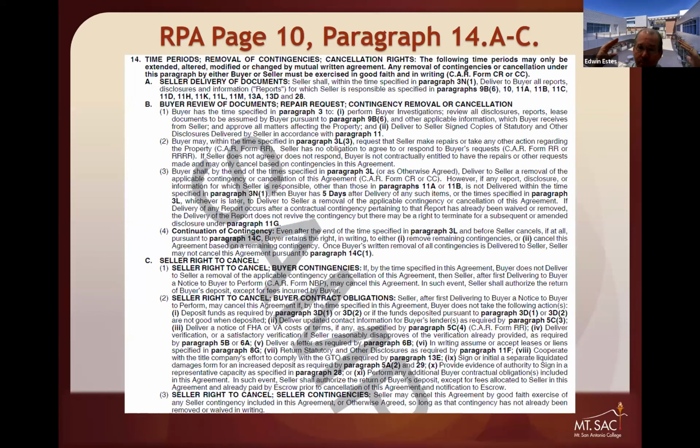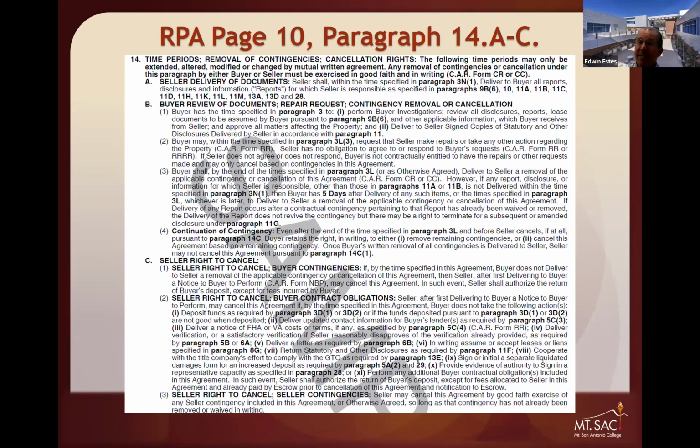Okay, so the seller is going to give everything they've got, all their disclosures, all their reports, everything to the buyer within 7 days after acceptance. The buyer is going to have 17 days to do all of their investigations and inspections.